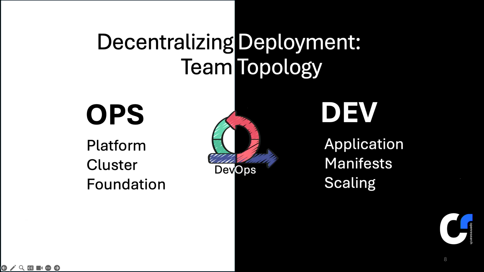We're working together on this. The operations team is providing this platform, the cluster, the foundations, all the infrastructure parts that the development team needs. But the development team took over the actual manifests of application deployments and scaling their applications.